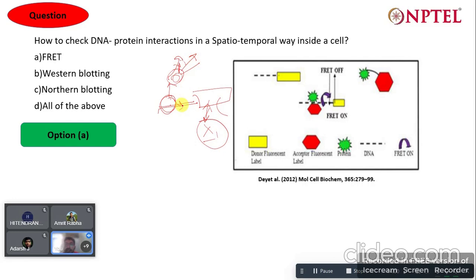If the two are not interacting, there will be no emission from the protein, and emission will be observed only from the donor. So this is what we call a FRET on state, and if they do not interact, it is a FRET off state.